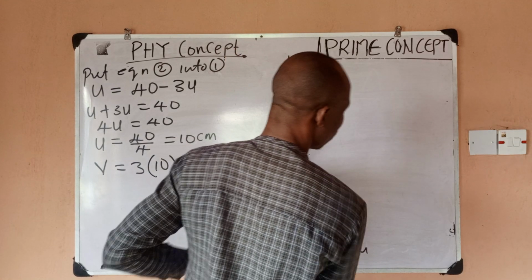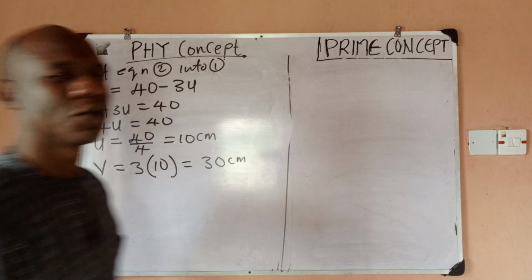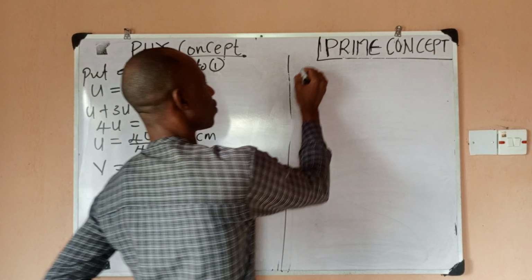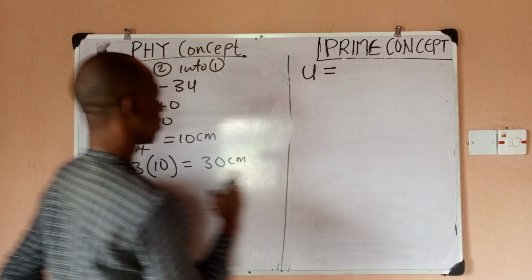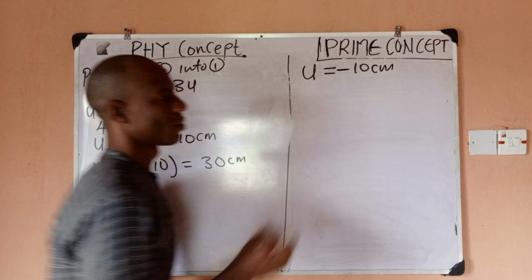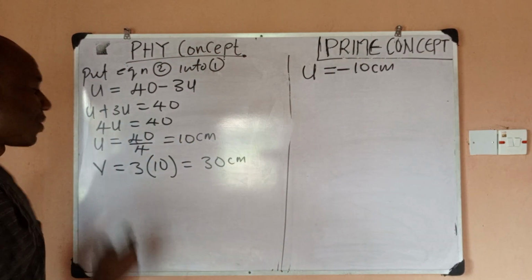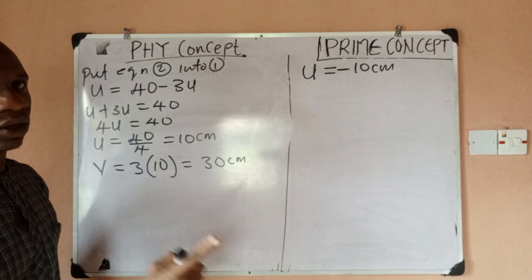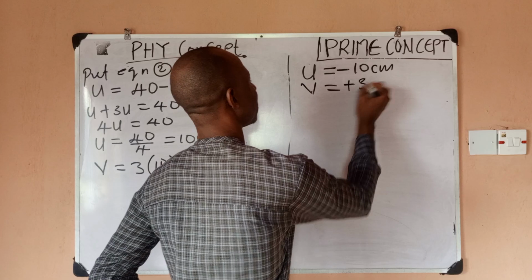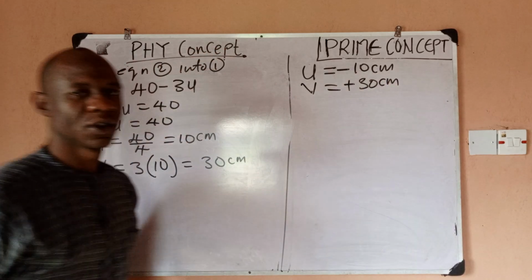So we know that when we are dealing with our convex lens, object distance should always be negative. So for me to solve, I would now note that U should be minus 10 cm, because object should be negative. Now, since our image is real, they told us, it means that V is still going to remain positive 30 cm. So it won't change.